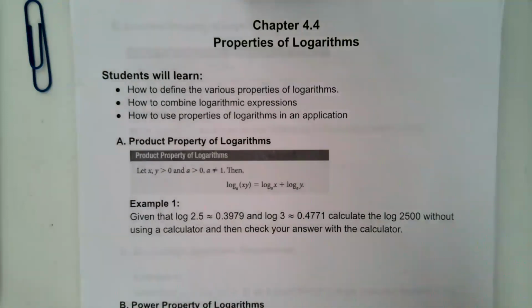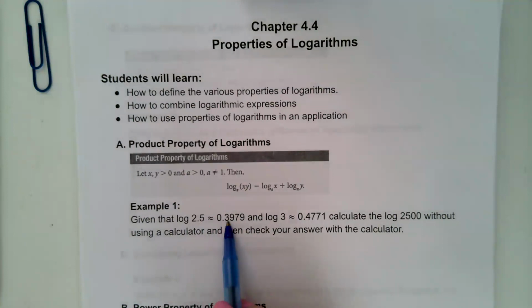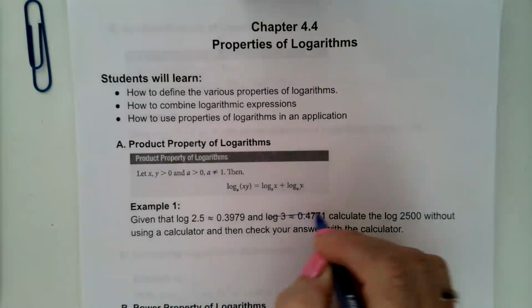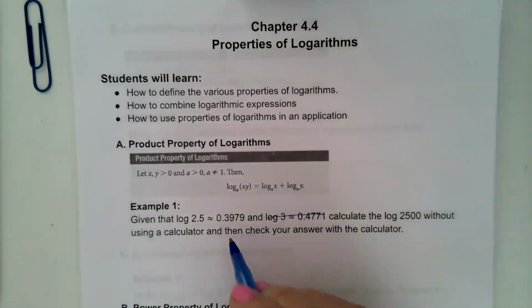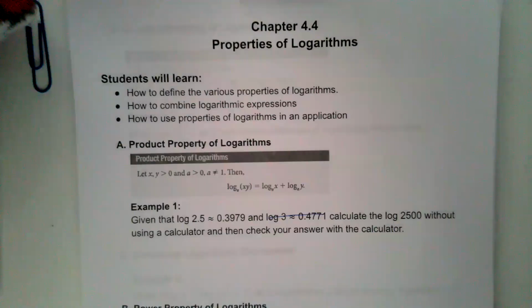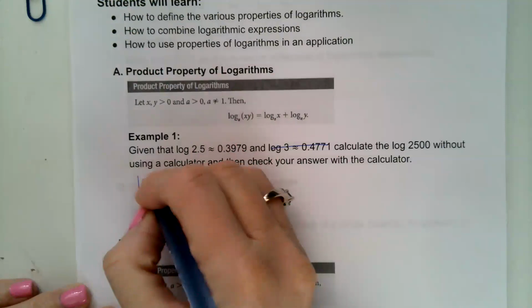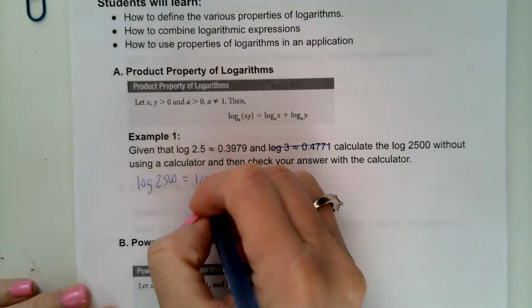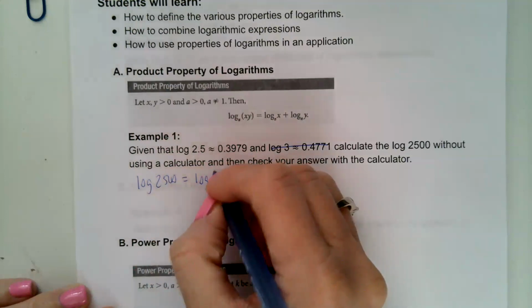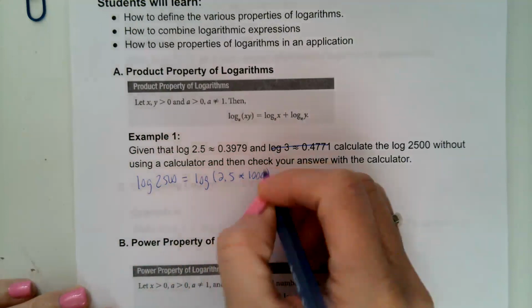So example one, I'm giving you here, says, given that log of 2.5 is approximately 0.3979, and then this log of 3, which we actually really don't need, calculate the log of 2,500 without using a calculator, and then check the answer with the calculator. So we can write the log of 2,500 as the log of 2.5 times 1,000.